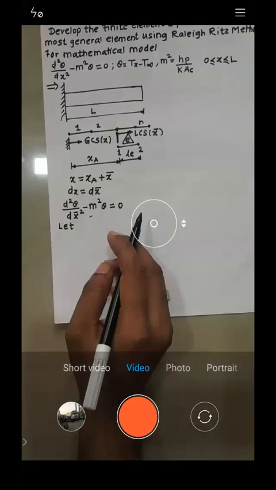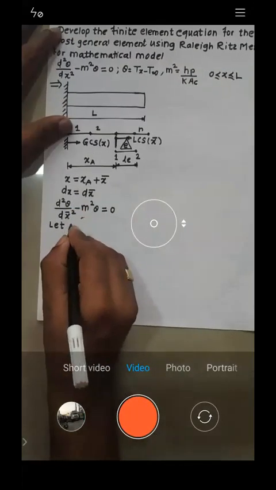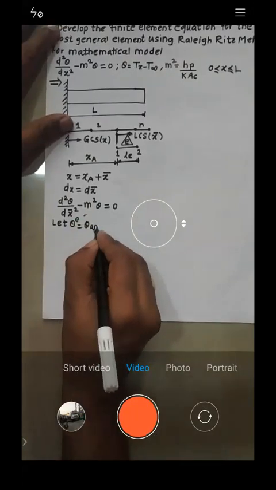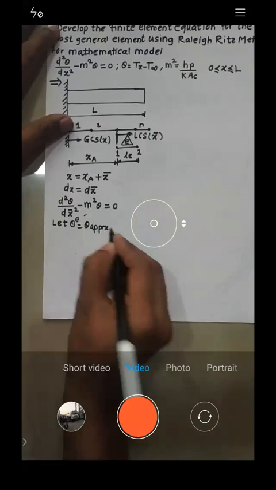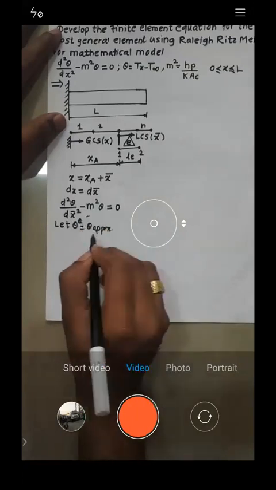Similarly in this problem, I am interested in getting the value of theta. So I will write, let theta e be equal to theta approximate.